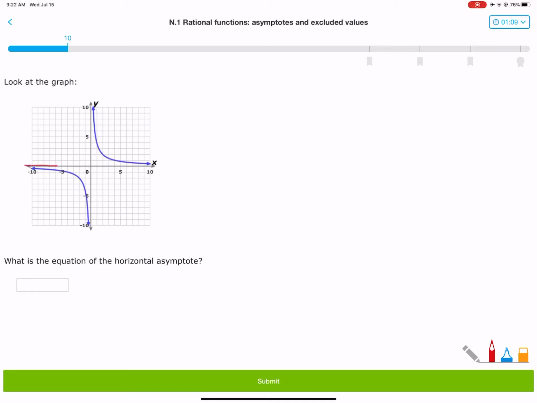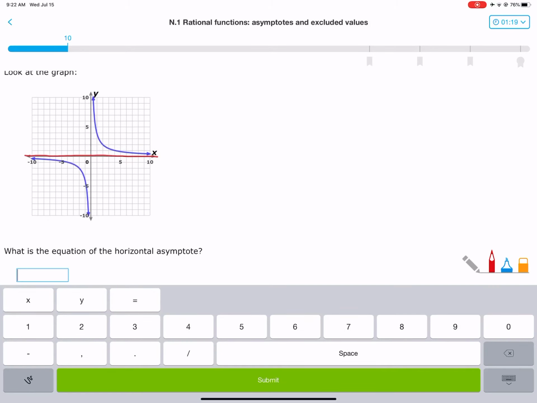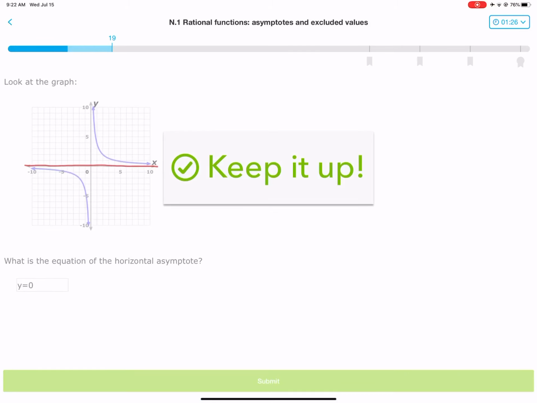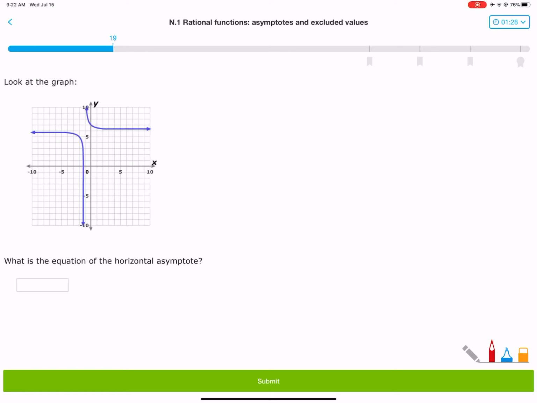So I'm going to draw a line going this way, and if you notice, this is where y equals 0. Horizontal, same thing.